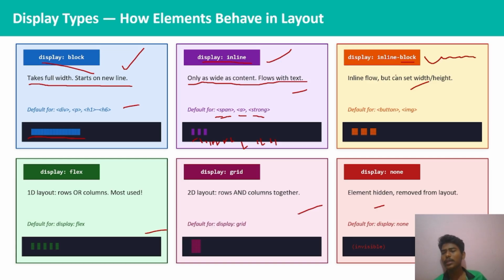In that same way, it is the default for button and image. It is mostly used by default for buttons and images. Let's assume a submit button or a reset button is there.